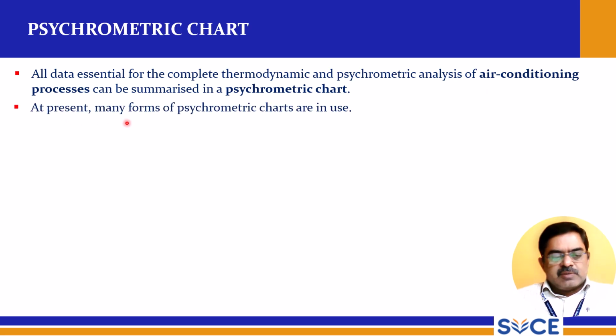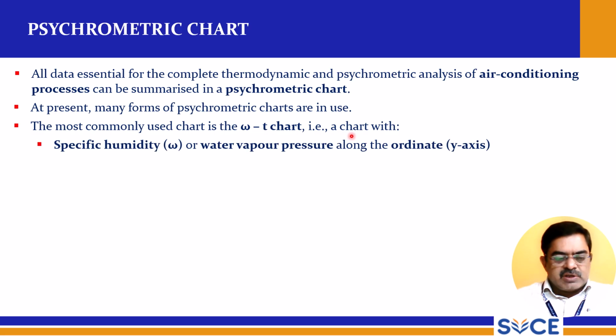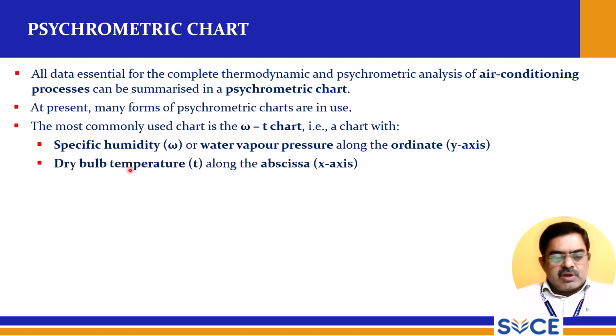At present, many forms of psychrometric charts are in use, and the most commonly used chart is the omega-T chart. That is the chart with the specific humidity, omega, and water vapor pressure along the ordinate, that is the y-axis. On the x-axis we have T, the dry bulb temperature, along the abscissa.